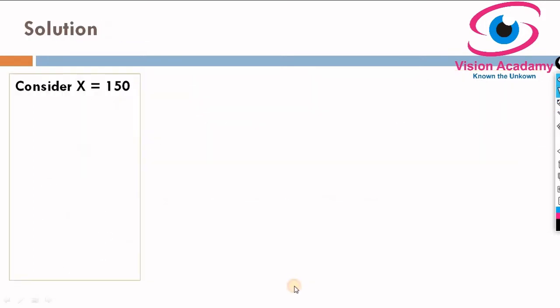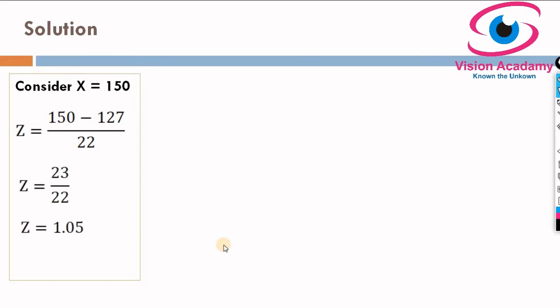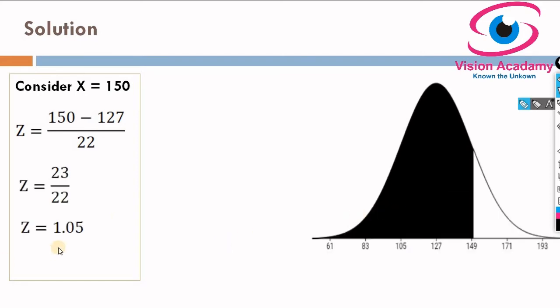Before that, let us plot the data of the problem. So we know that our Z value is 1.05 and our mu is 127. For mu 127 our Z score is 0, because the curve is symmetric about its mean.